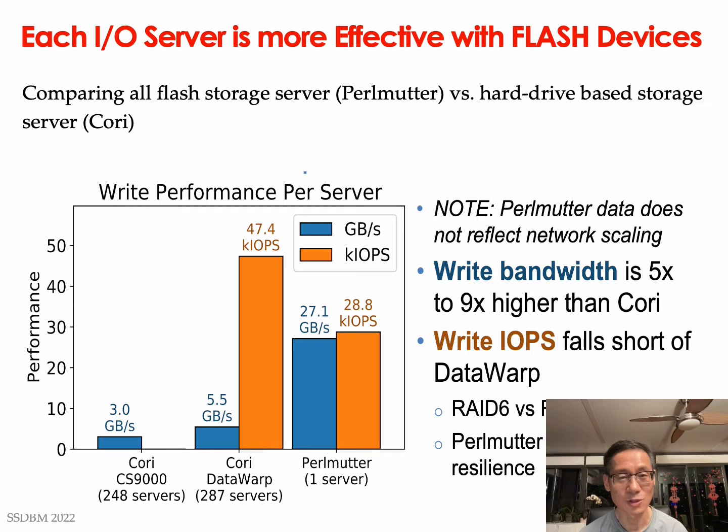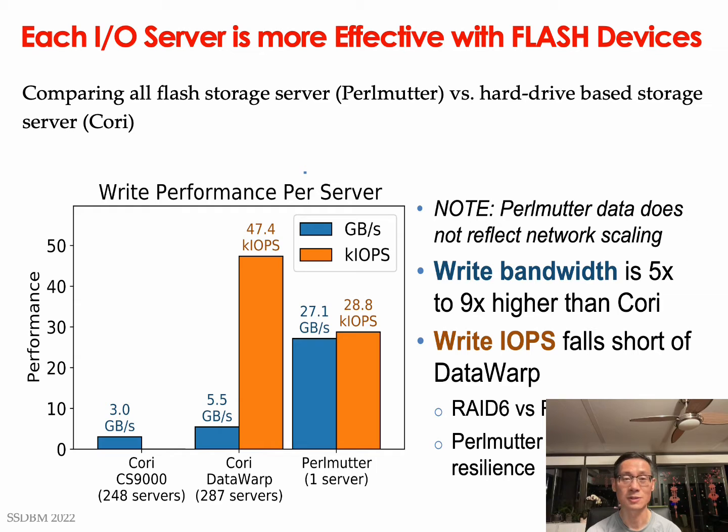However, it also shows another set of numbers labeled IOPS, which is shorthand for I/O operations per second. On the first side, what is surprising is that the Perlmutter system has lower IOPS than Cori.